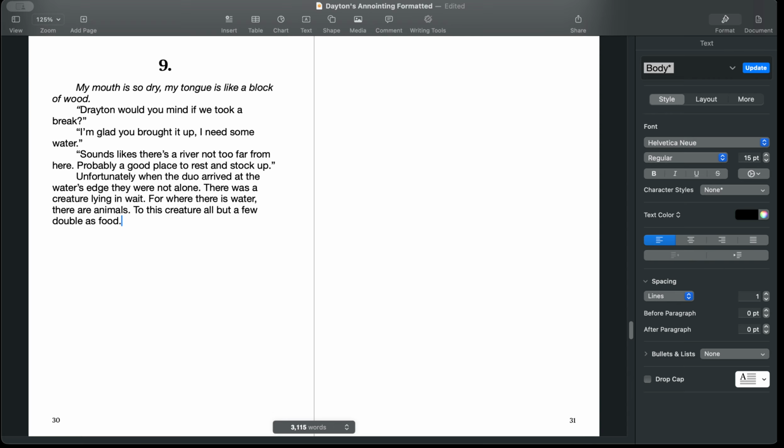Unfortunately, when the duo arrived at the water's edge, there was a creature lying in wait. For where there is water, there are animals. To this creature, all but a few double as food.